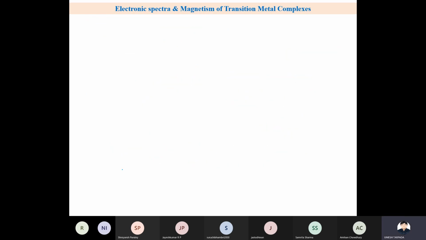In the case of triplet F term, suppose this is a triplet F term and this is your triplet P term. These are the two terms. So basically energy difference between these two terms is 15B. B is a repulsive factor. ये दोनों के बीच जो डिफरेंस है वो 15B वैल्यू है.